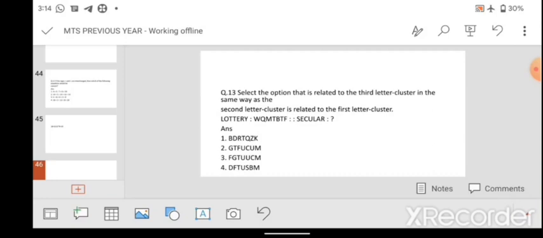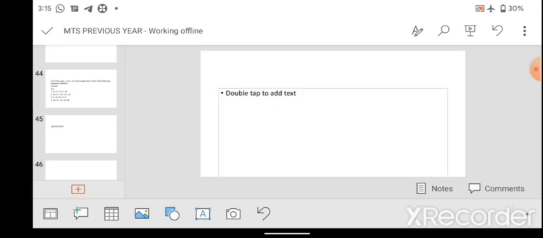Okay. Another question regarding alphanumeric series. Lottery is coded as WQMTBTF. So what would secular be coded as? Okay, let's write this.